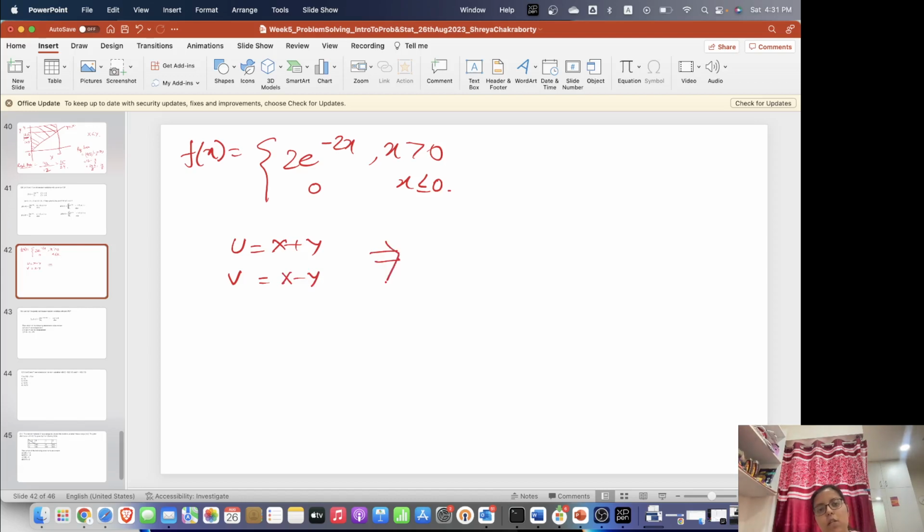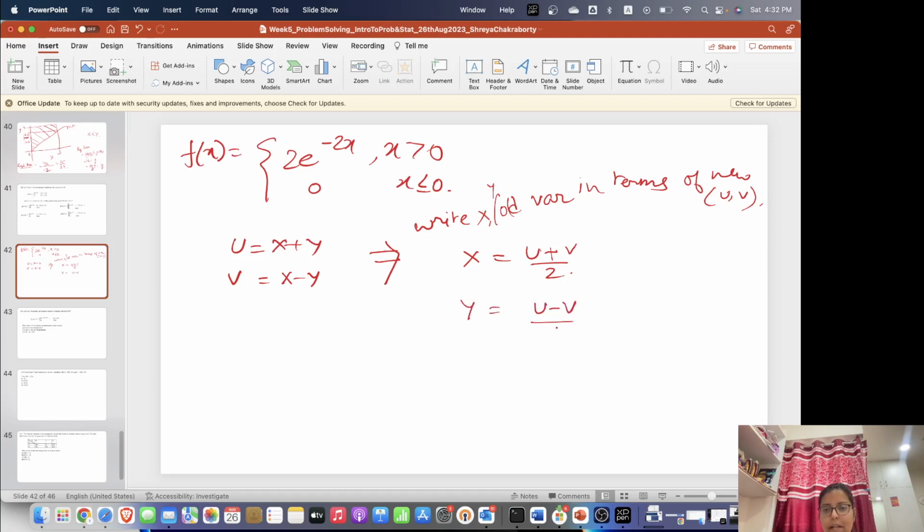So first, what we'll do, we'll write x, that is old variables, in terms of new, that is u and v. So from here we can write x equal to (u plus v) by 2 and y equals (u minus v) by 2.